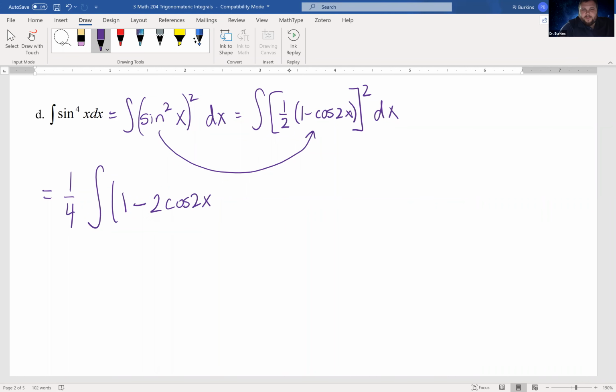And if you don't like the shortcut, then feel free to write out 1 minus cosine 2x times 1 minus cosine 2x and FOIL it. And then lastly, we need to square the final term. So that's always going to be plus, and that's going to be cosine squared 2x.